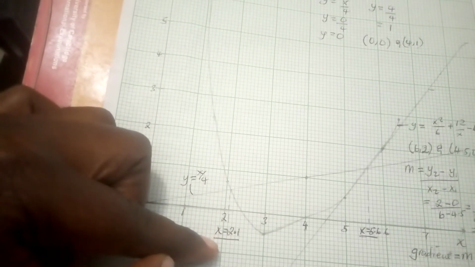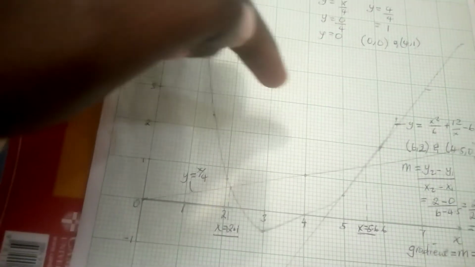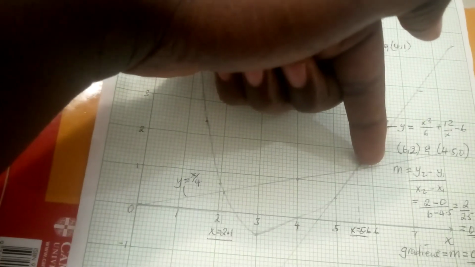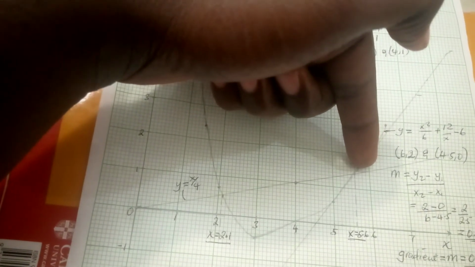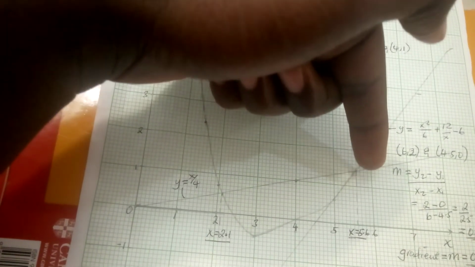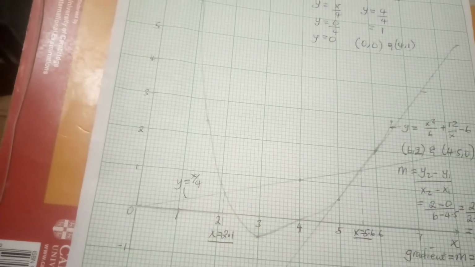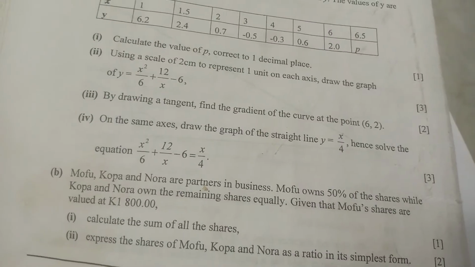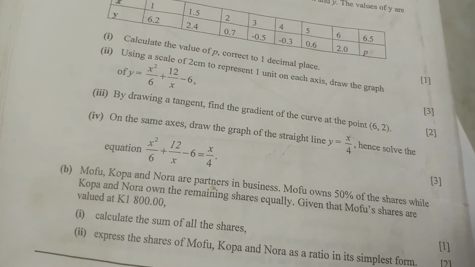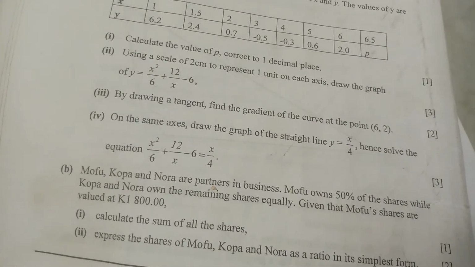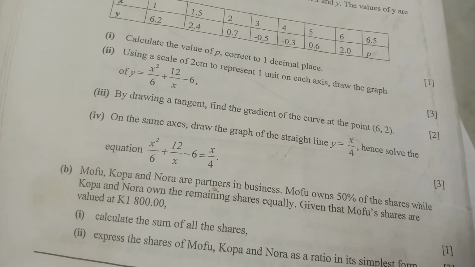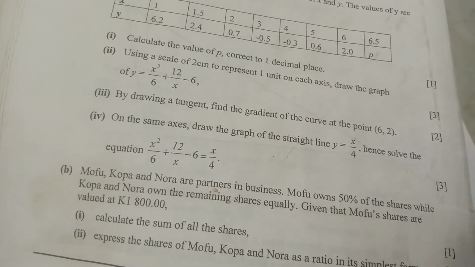So I've found x is equal to 2.1, and with this point I've found that x is equal to 5.6 as my answers for x squared over 6 plus 12 over x minus 6 equal to x over 4.